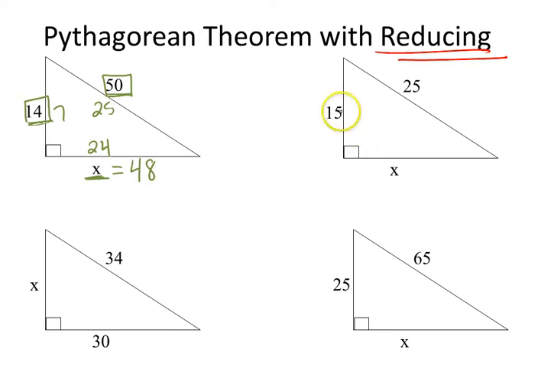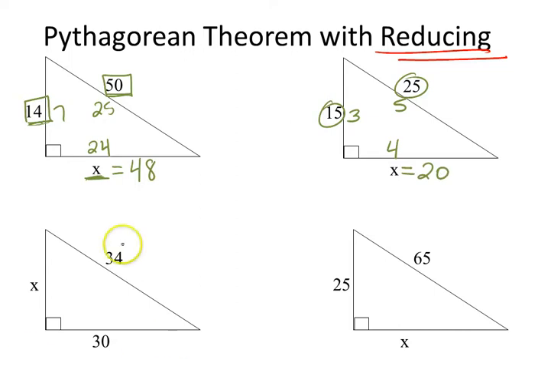So now let's take a look over here. I'm going to divide both of these by 5, which would give me 3 and 5. I know the third side is a 3, 4, 5 with 5 on my hypotenuse. Since my original numbers are 5 times bigger than the reduced ones, I know x will also have to be 5 times bigger than 4, so x has to be 20.